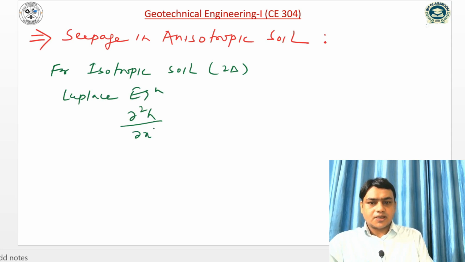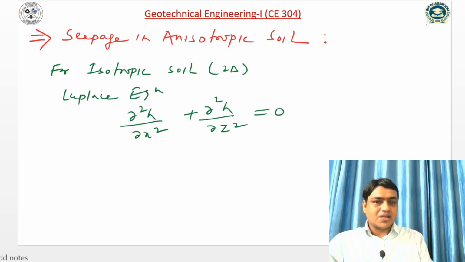If I consider the axes x and z, it is del 2h by del x square plus del 2h by del z square is equal to 0. But if you have seen the derivation, we equated kx and kz, whereas here our soil is anisotropic.